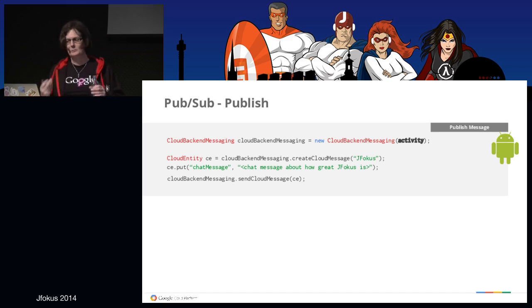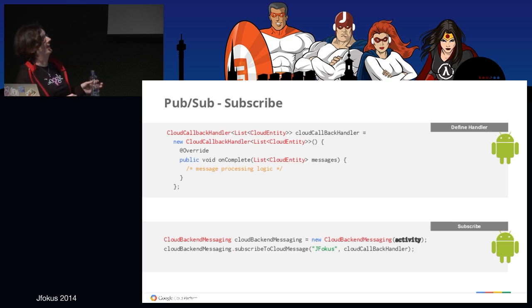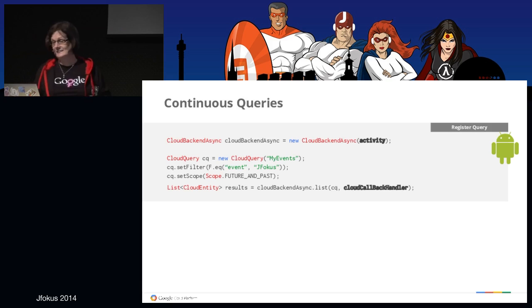This is basically just an object at the moment. We're saying, chat message, this is a chat message about how great JFocus is. And how great is JFocus? Is it great? Then we can call send cloud message, passing in the entity, and that's it. We've published. Now, our call on the other one will match that incoming data, and we'll send a notification to our onComplete callback method, and we're done.